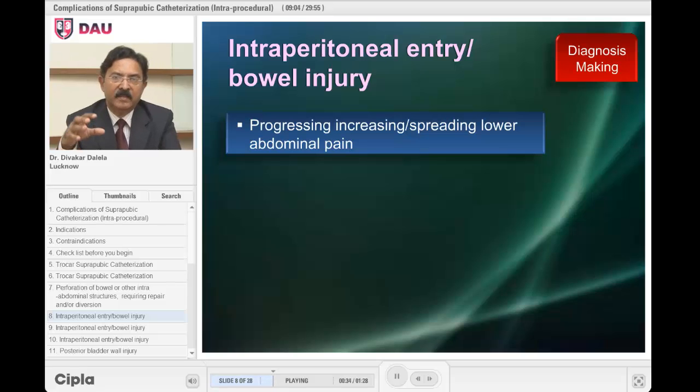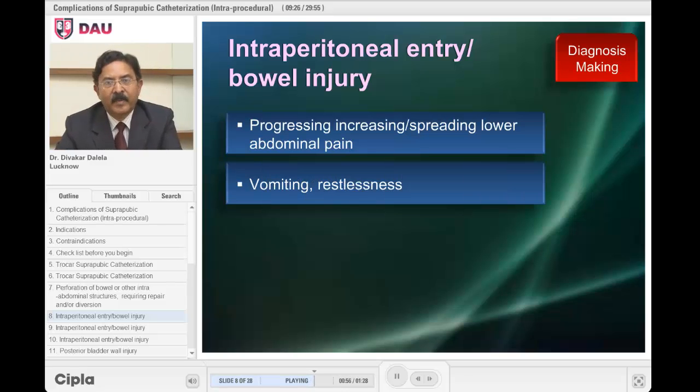Initially, it may be by the side of the catheter. After 2 hours, it will be a palm size area. After 1 more hour, it will be a big area of the lower half of the abdomen. So, increasing severity and increasing extent of the pain, you should get alerted.